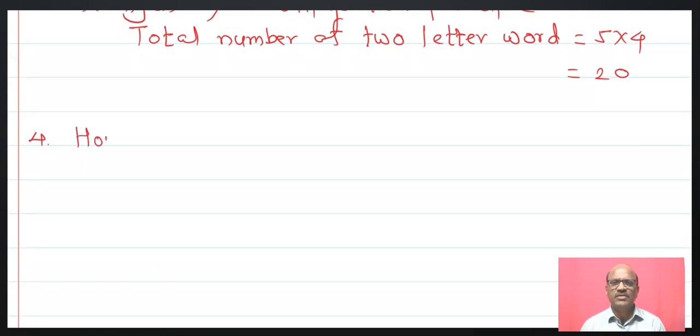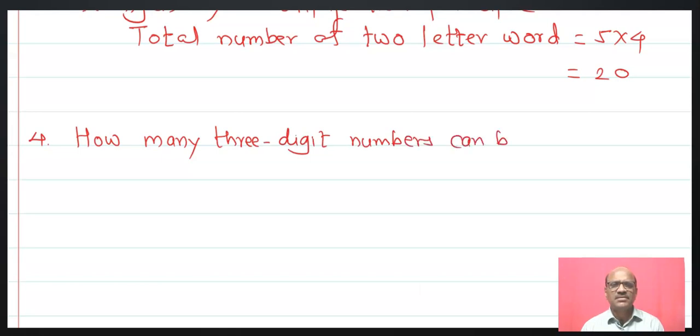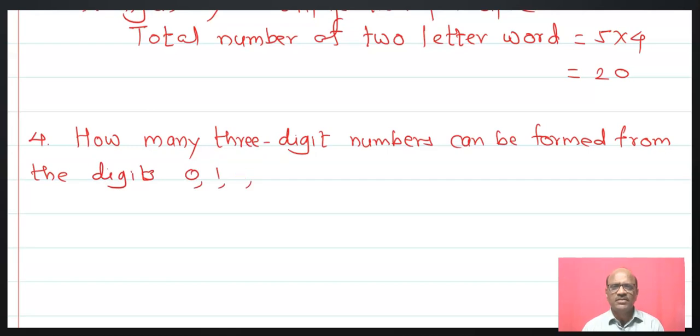Now the question number 4. How many 3-digit numbers can be formed from the digits 0, 1, 3, 5, 6?